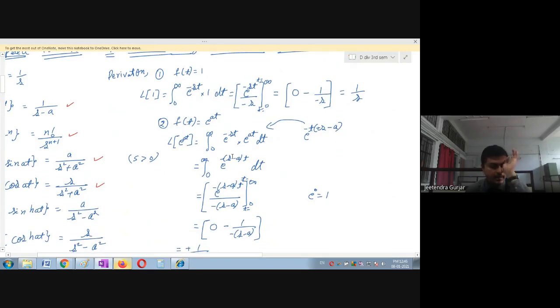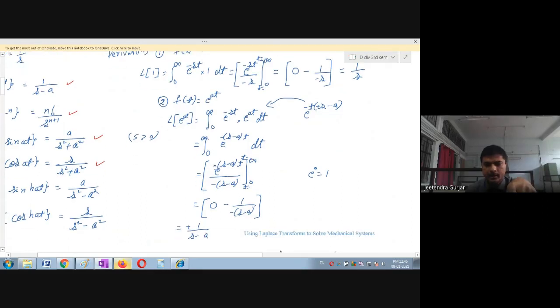Now I can integrate this, students. So the integration of e raised to minus bracket s minus a into t, you can see the integral will become e raised to minus bracket s minus a into t. The coefficient of t is minus bracket s minus a, therefore I have divided by minus bracket s minus a. Okay, now I will substitute one by one.